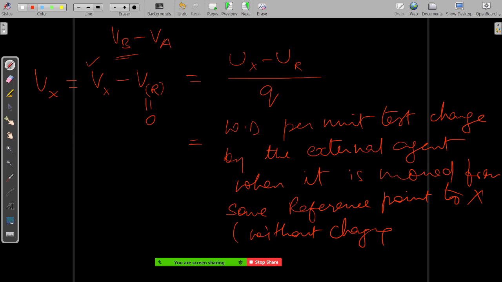Because when you want the definition in terms of an external agent, you have to mention this point, that it is without changing the kinetic energy. This is very important, because when the external agent is there, the force can be anything. Coulomb's force is fixed; it depends on the formula. When you involve an external agent, he can apply as much force as he wants.